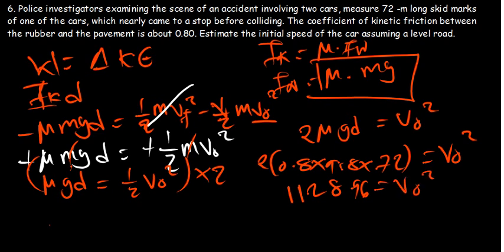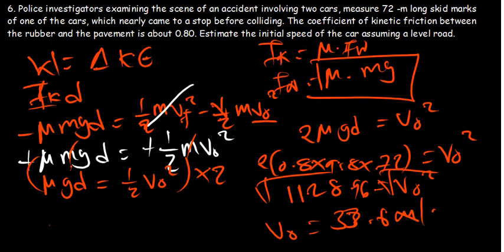Let's take the square root both sides, and our v initial is going to be 33.6 meters per second. So you can solve this question using two methods. The first one for Newton's laws of motion, and the other one for the other guy. Okay.